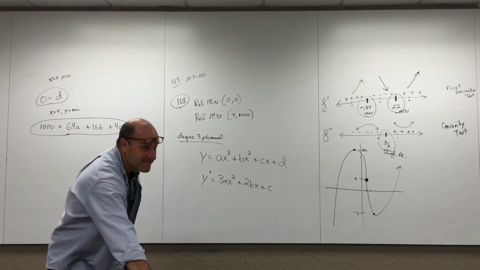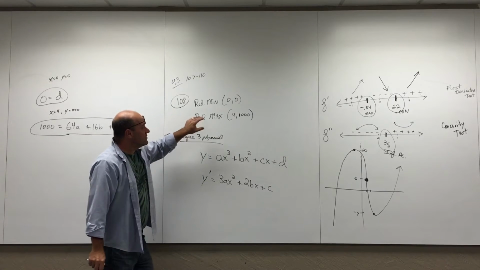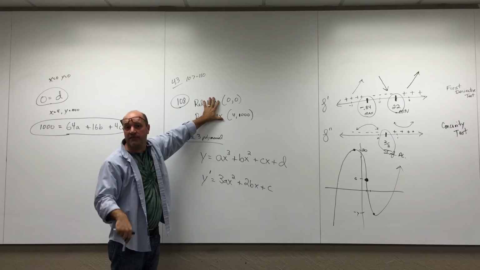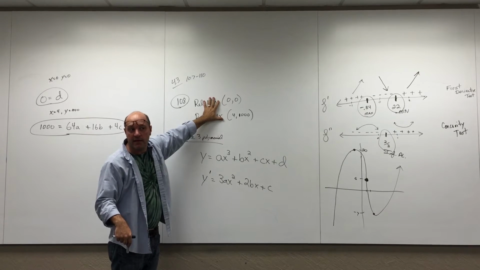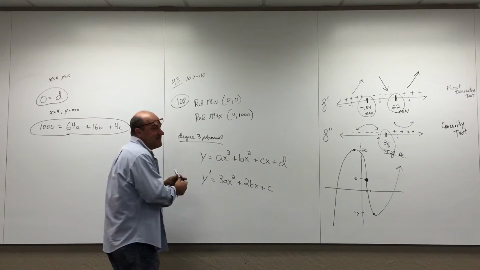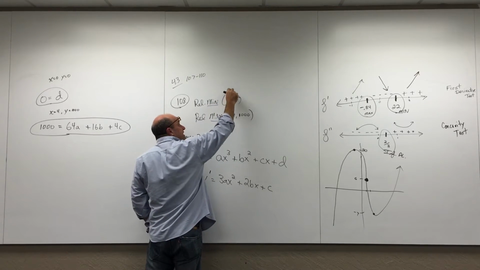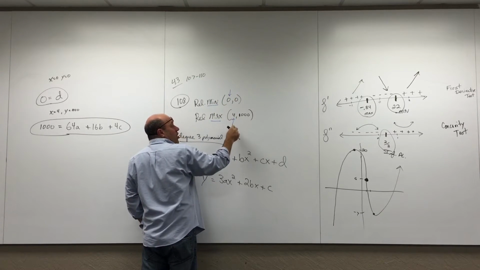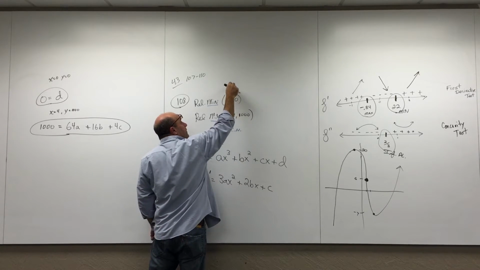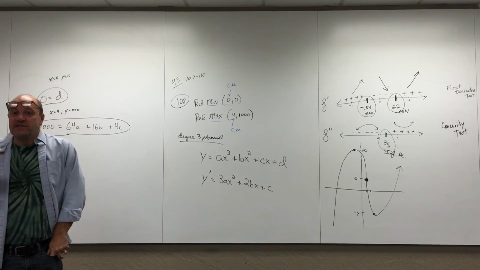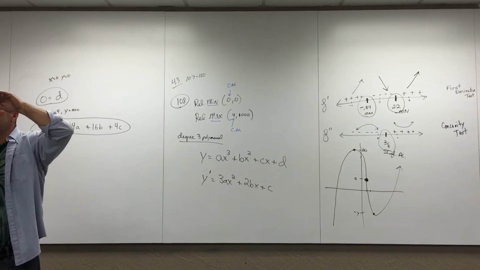So I covered that by saying they're just points, and if they're points, you plug them into the function. But now, more specifically, one is a min and one is a max, which means these x values are critical numbers.